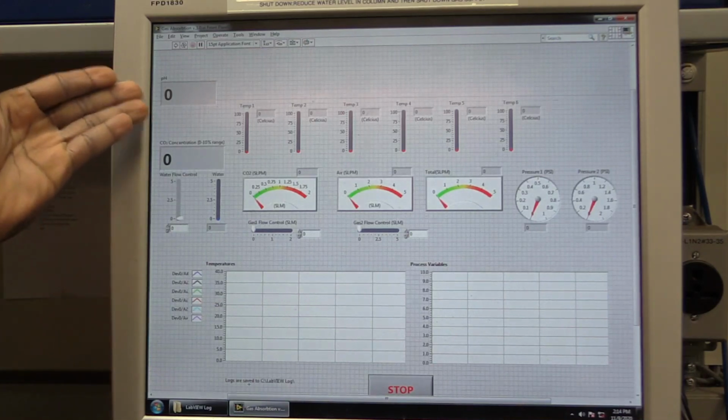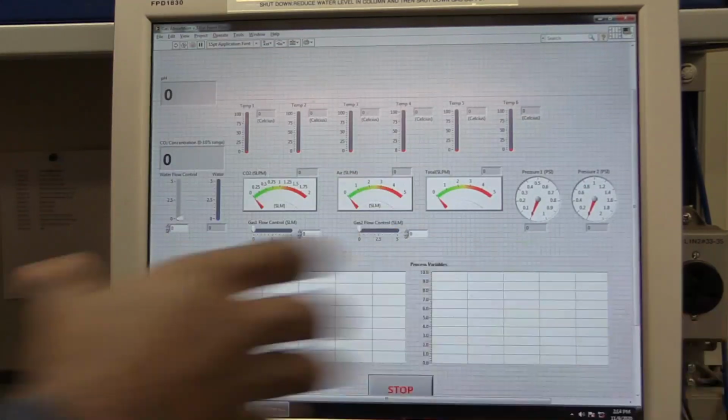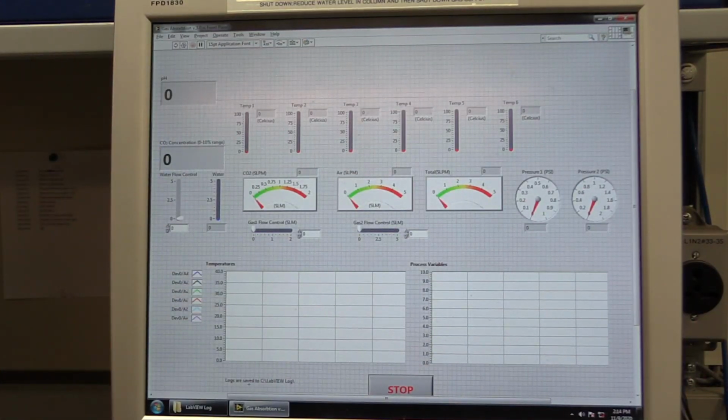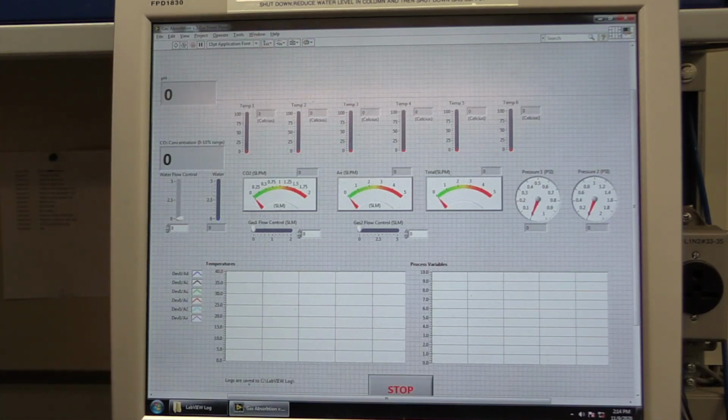You have the pH, which gives the pH of the exiting water stream at the base of the column. You have the concentration of CO2, which gives the amount of CO2 that is leaving the column at the top. You have the mass flow that tells us the amount of water that we are sending into the column.